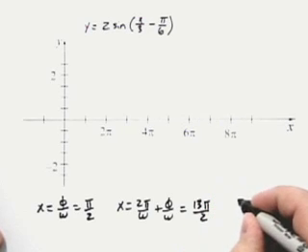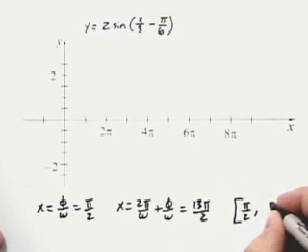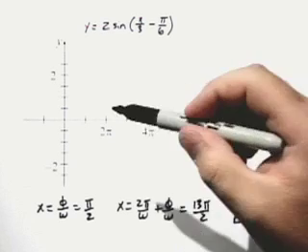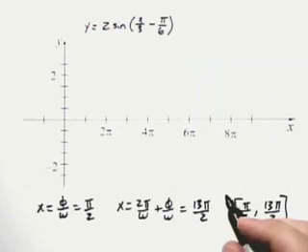So we're going to look at one period over the interval pi over 2 to 13 pi over 2. We're going to divide that interval up into 4 sub-intervals that each have length 3 pi over 2.